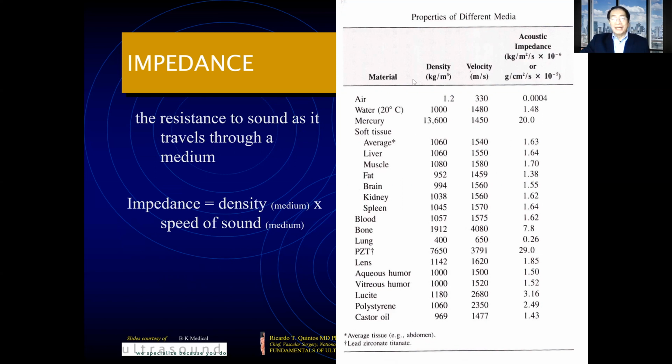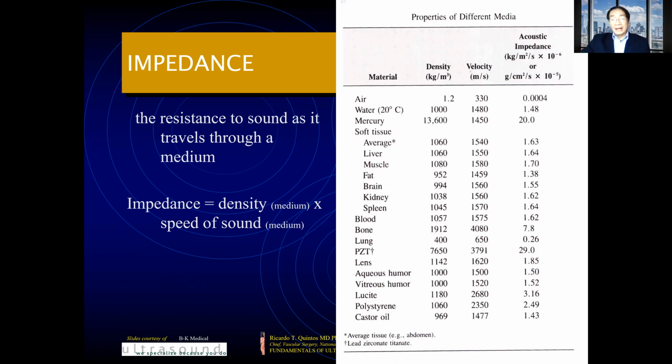You will see that in soft tissue and in blood, the acoustic impedance does not differ significantly. So sometimes you will see ultrasound images of blood, and the propagation speed of the ultrasound through blood and through soft tissue is not going to matter too much.